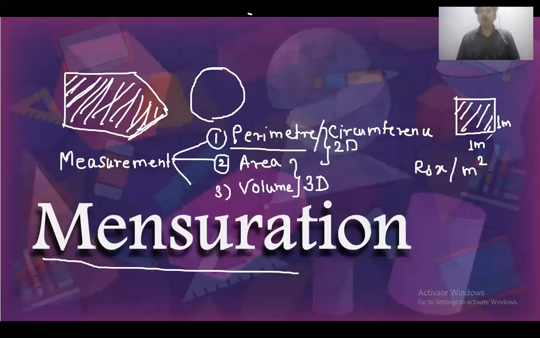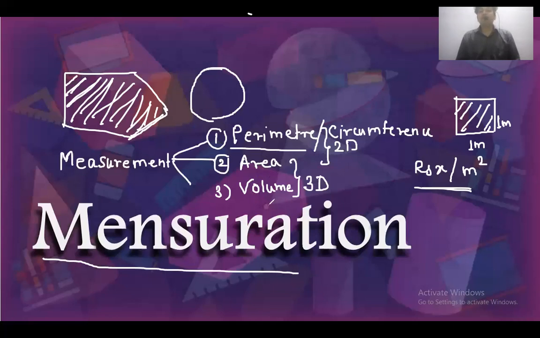He'll multiply the total area by his rate, and give you the quotation accordingly. First he'll find the total area, meaning how much area he needs to paint, and he will multiply it by the rate of painting per meter square to give you the exact amount. So that is the second application where we will find area.